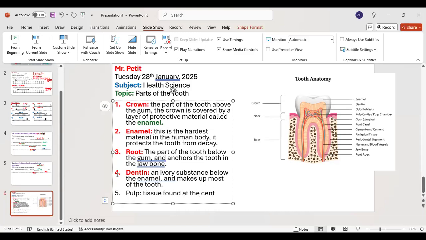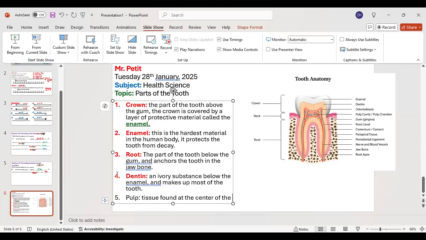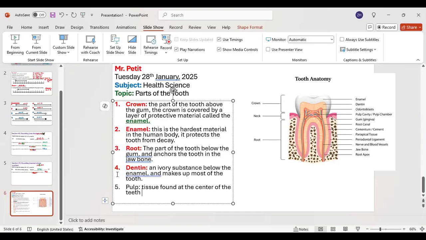At the center. Yeah, right. Of the teeth. Which tooth is this? This one looks more like a molar or premolar.